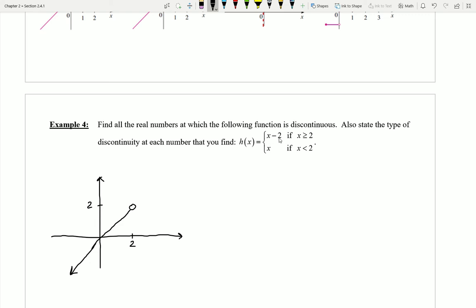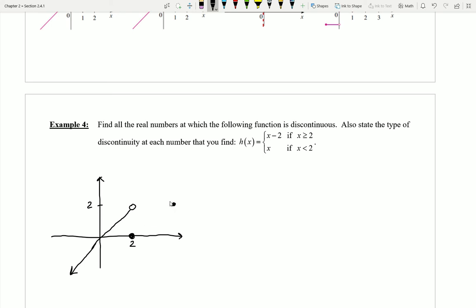Now let's see where this other portion of the graph is. This is x minus 2. Well, if I plug 2 into here, I would get a point on the graph, and it looks like if 2 plugs in, I get 0. So I'm going to have a point here on the graph, and then I know that it's again the equation of a line that's just going to step up 1 over 1, up 1 over 1.